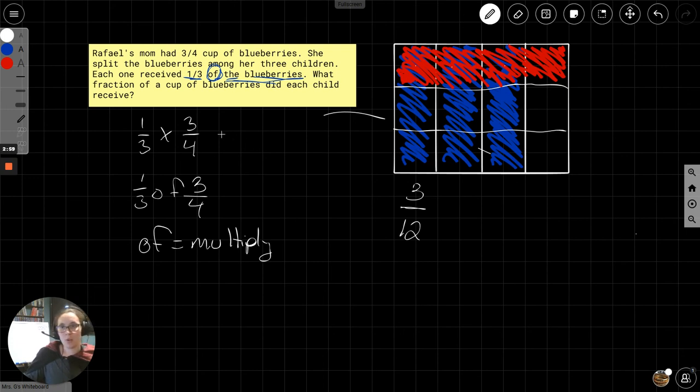So technically, 1/3 times 3/4 equals 3/12, but I can't stop there because that can be simplified. 3/12 equals what? Well, what goes into both 12 and 3? I know 3 does, so let's divide both top and bottom by 3. 3 divided by 3 is 1, and 12 divided by 3 is 4.